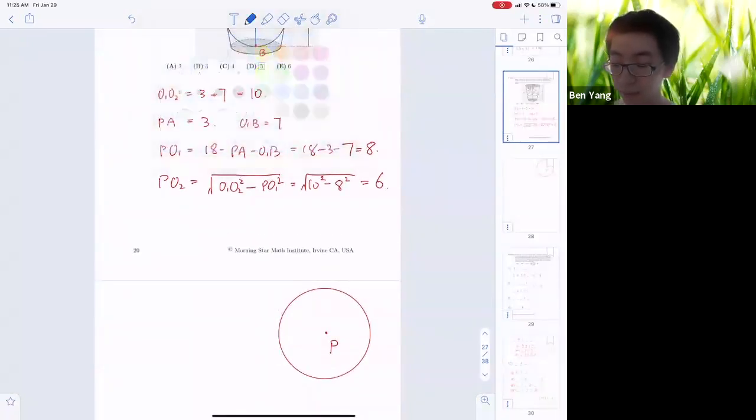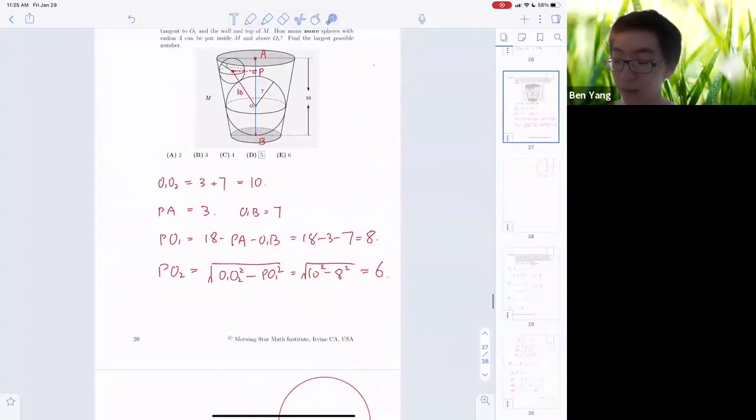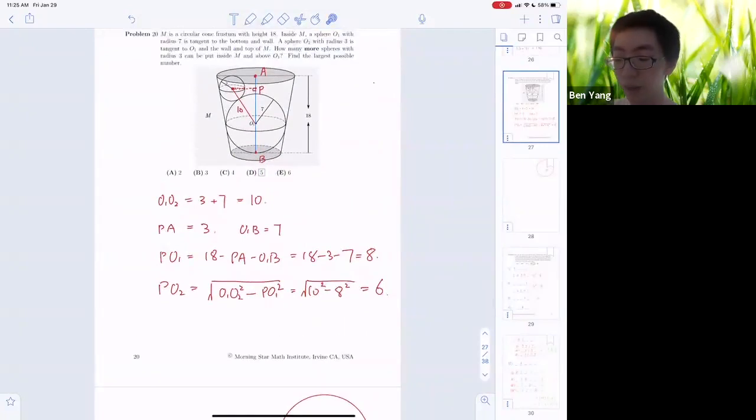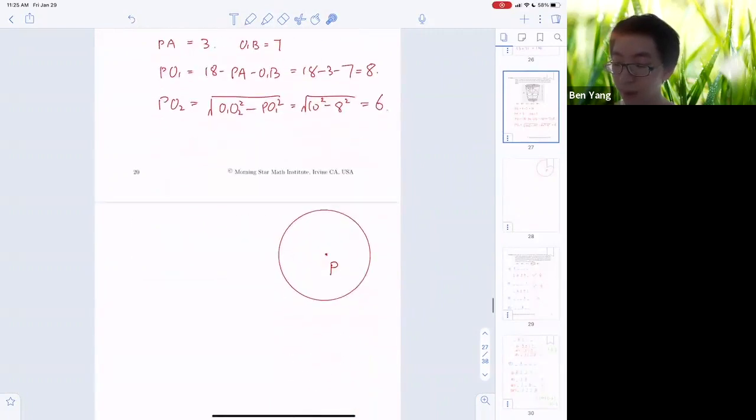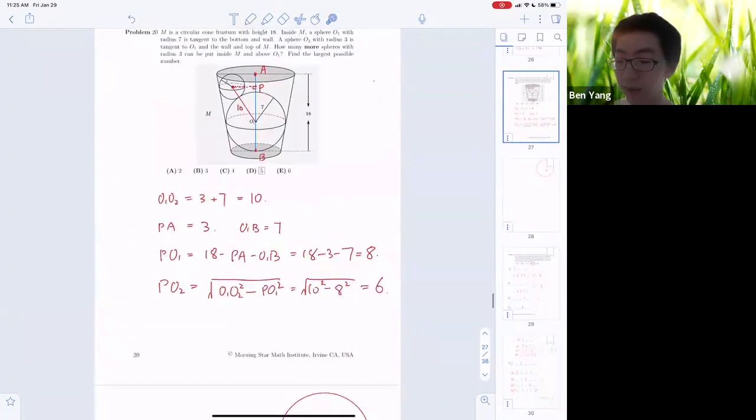Now, if we look at the plane that is parallel to the top and the bottom, and also through the point P, then we see that if we cut everything using such a plane, the small sphere here is going to be a circle.